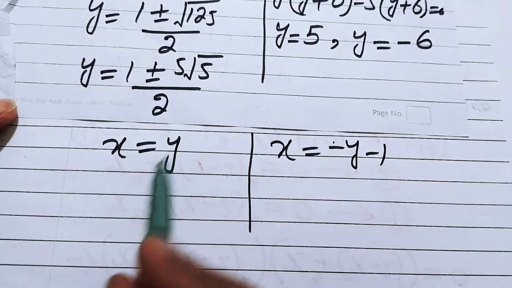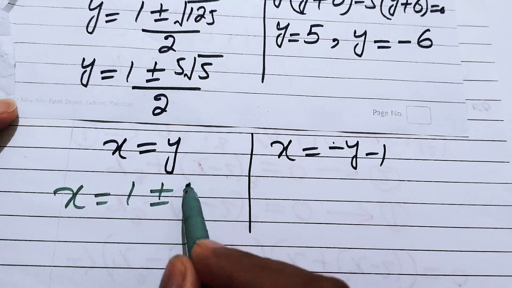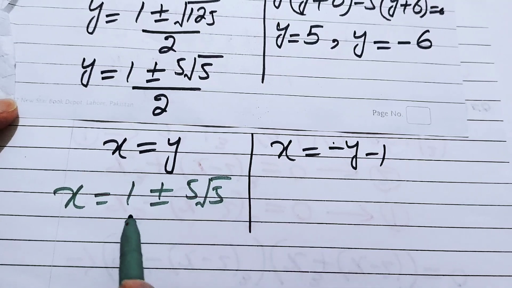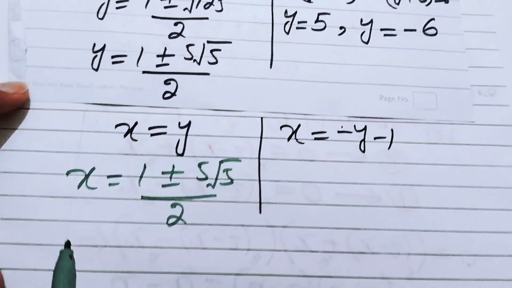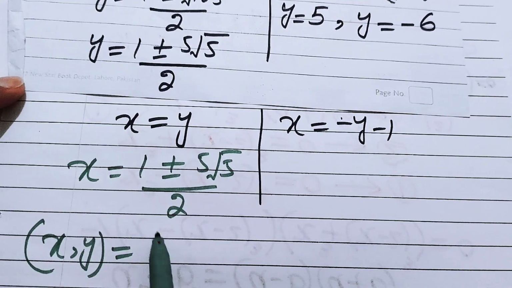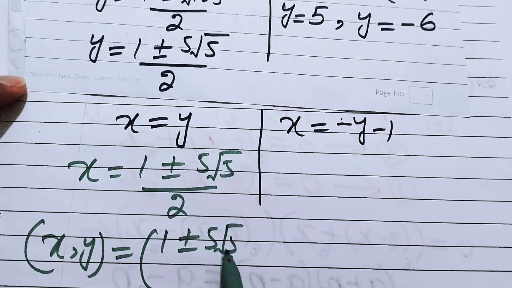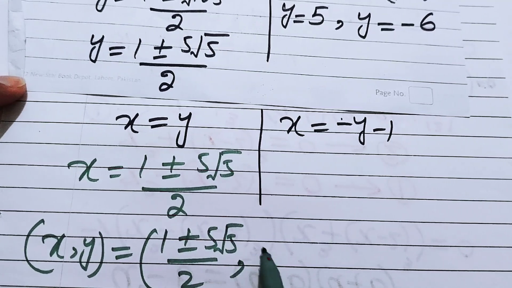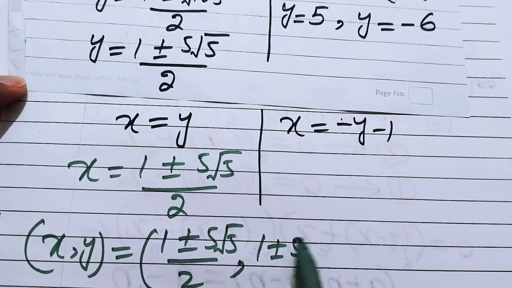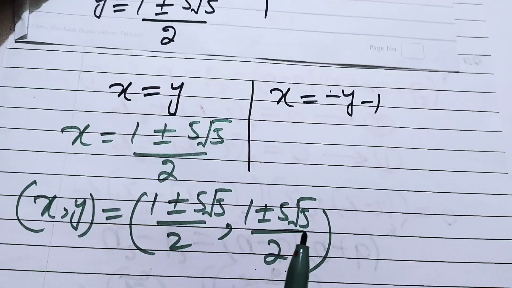So when you put the value of y here, then you get the value of x equals to 1 plus minus 5 times of square root 5 over 2. So here you get the values of x and y. In the first case is 1 plus minus 5 times of square root 5 over 2, and 1 plus minus 5 times of square root 5 over 2. So this is the values of x and y in the first case.